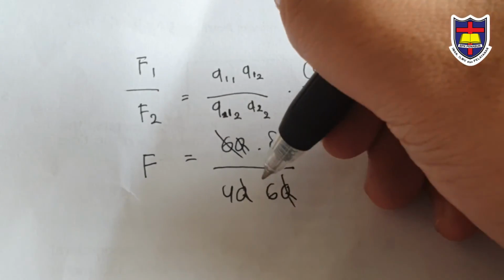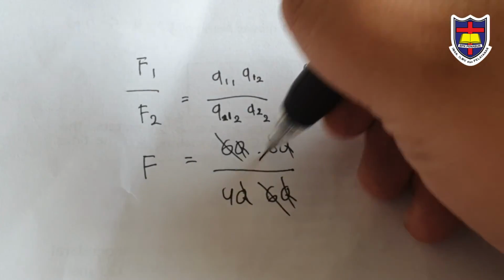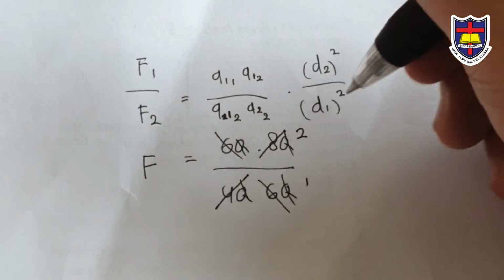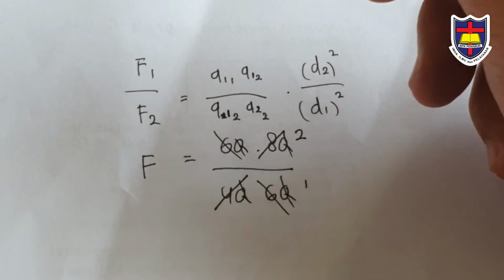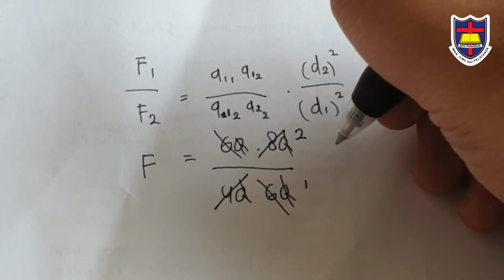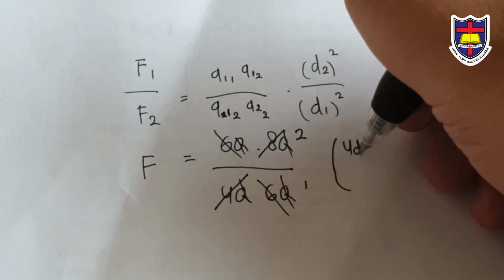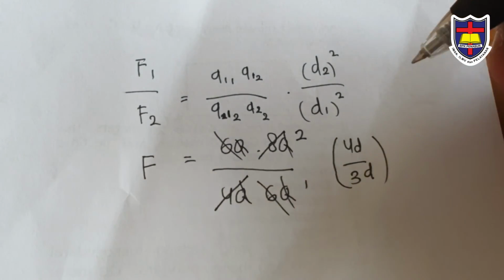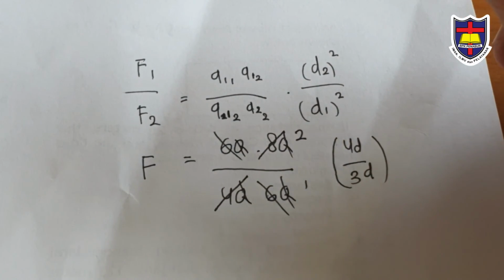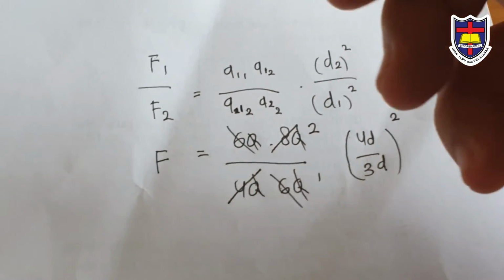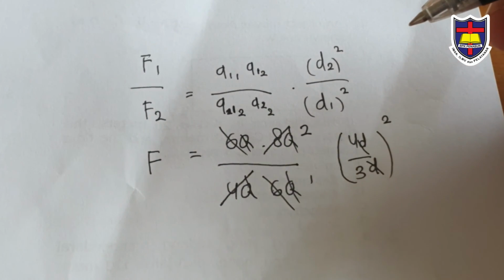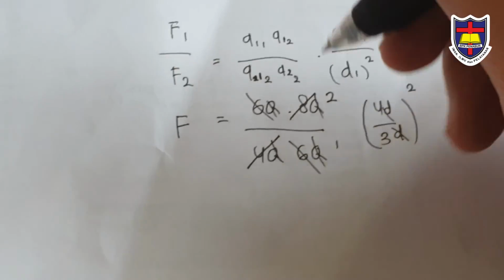Now 6 divided by 6 equals 1, 8 divided by 4 equals 2. Meanwhile, for the distance we have 4D over 3D, all squared. So the D we can divide out because D is the same.